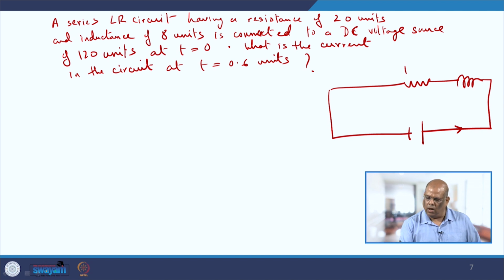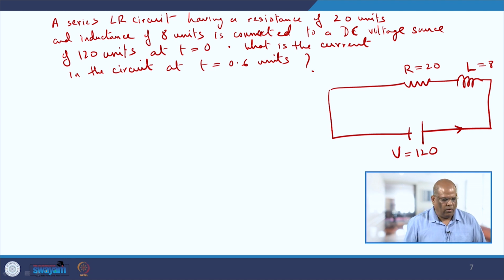This is your R, this is your L, and inductance is 8, your resistance is 20. This produces 120 volt units.